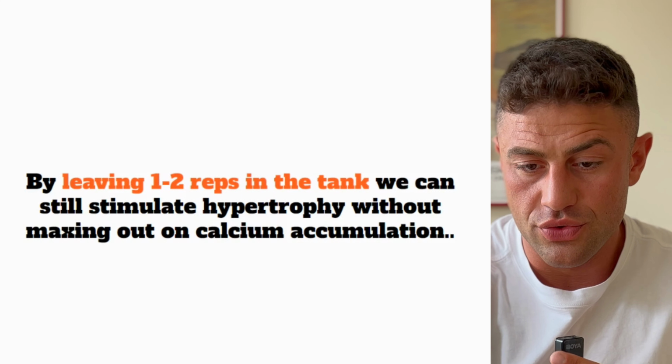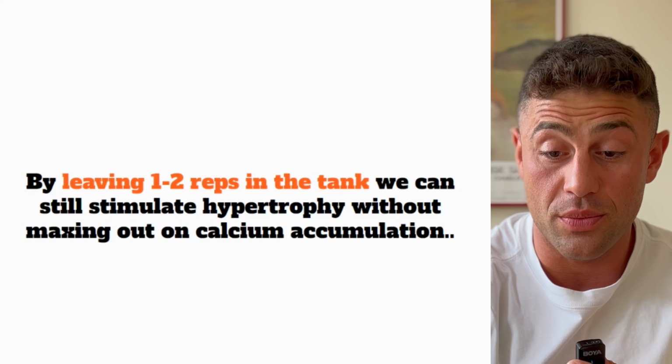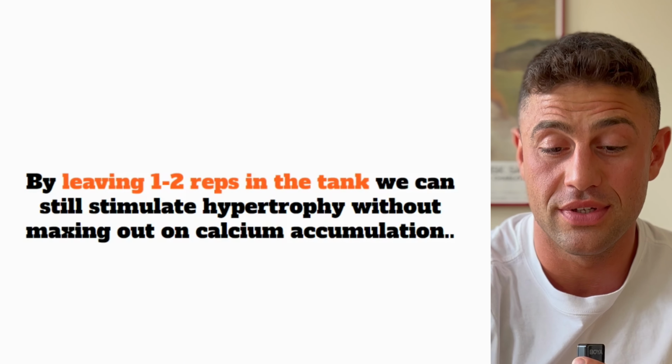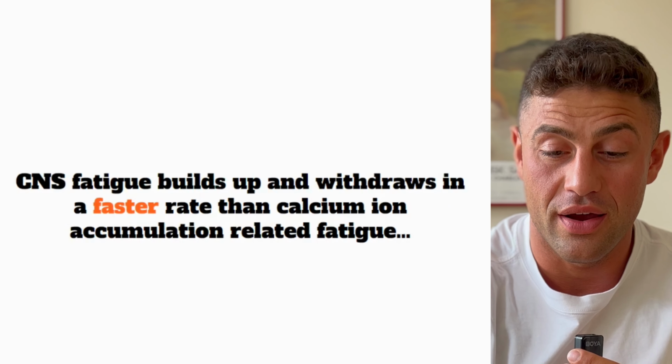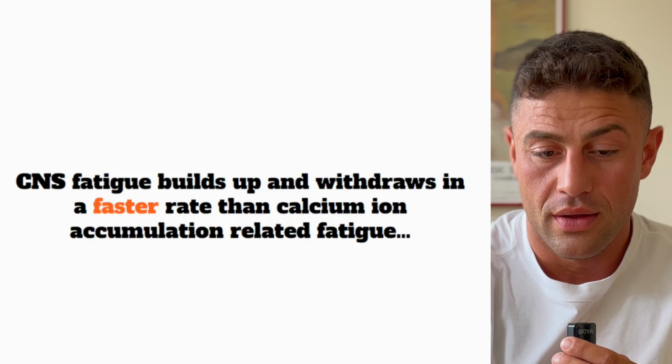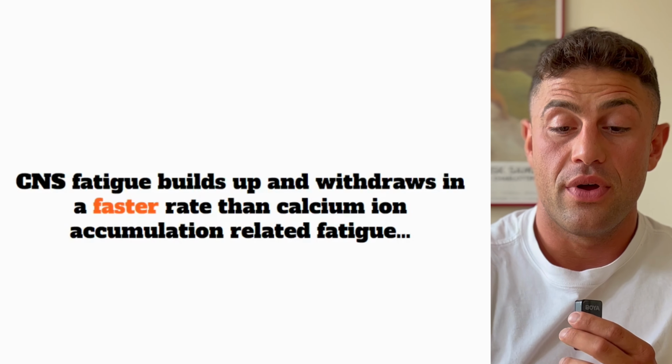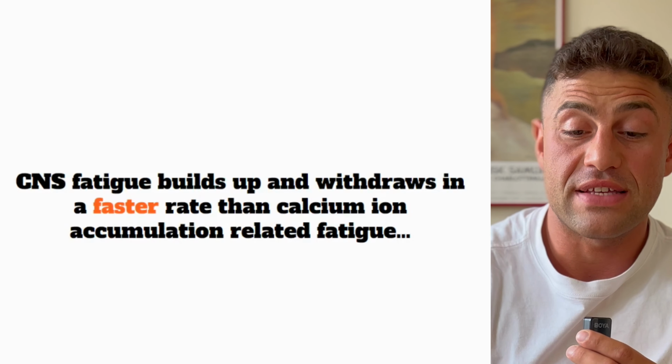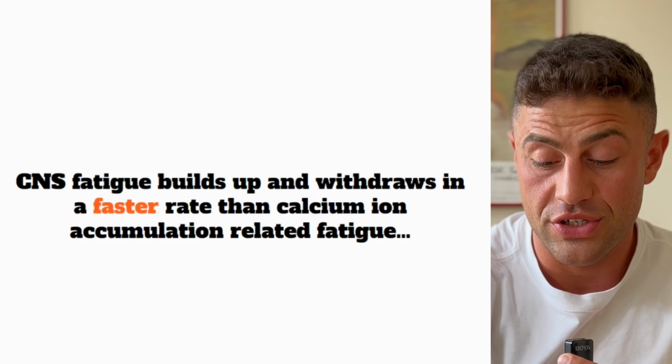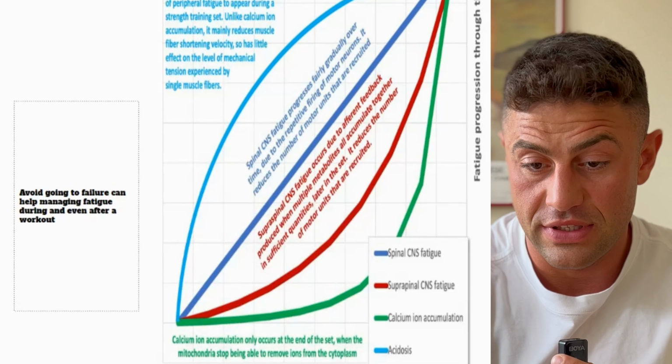By leaving 1 or 2 reps in the tank, we can still stimulate hypertrophy without maxing out on calcium ion accumulation. Now, CNS fatigue builds up and withdraws at a faster rate than calcium ion accumulation related fatigue.